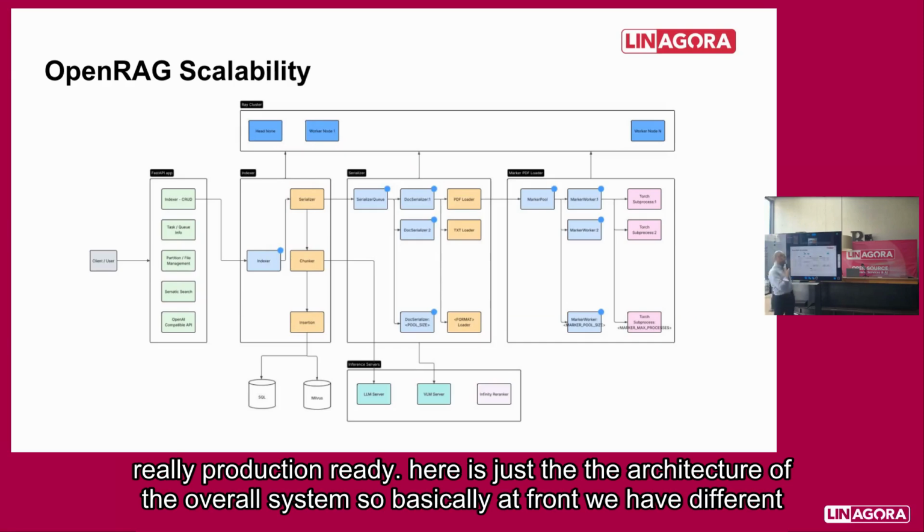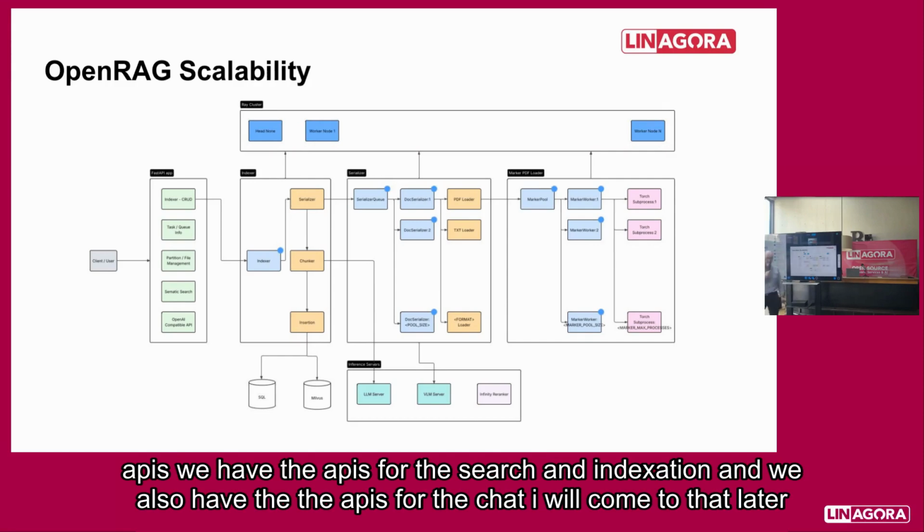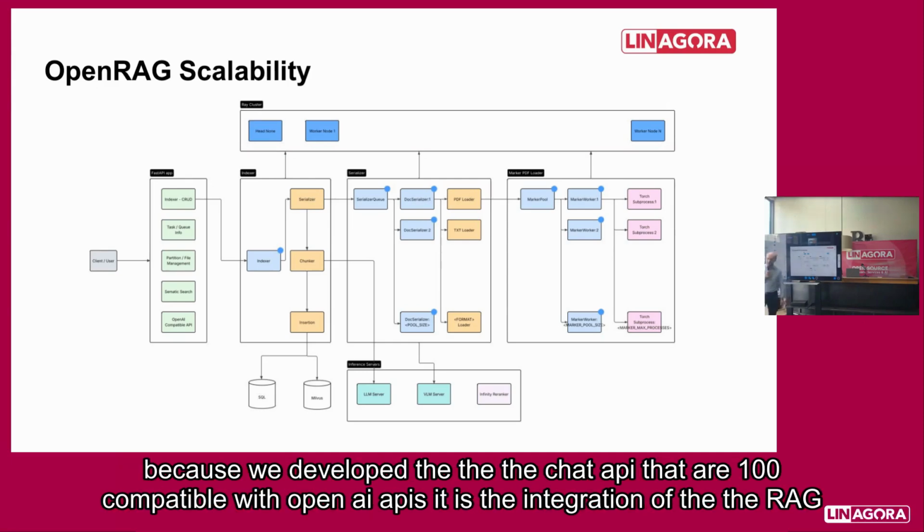Here is the architecture of the overall system. At the front, we have different APIs: the APIs for search and indexation, and also the APIs for chat. I will come to that later, because we developed the chat API to be 100% compatible with the OpenAI APIs.